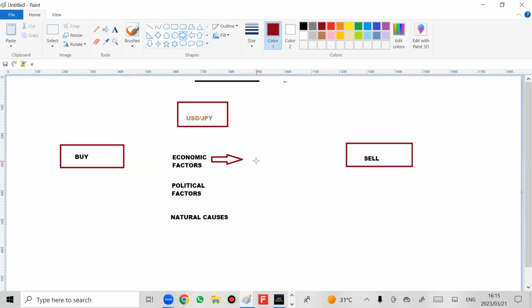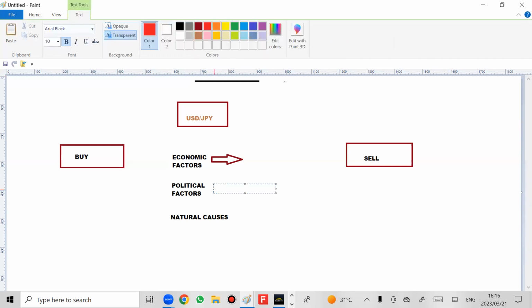Okay, so political factors now. We're going to talk about things like wars, civil wars, right? Yes, civil wars. We're also talking about, I don't know, you've just elected a new president.